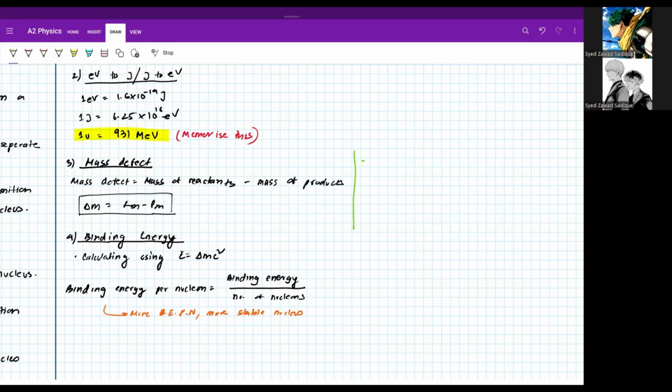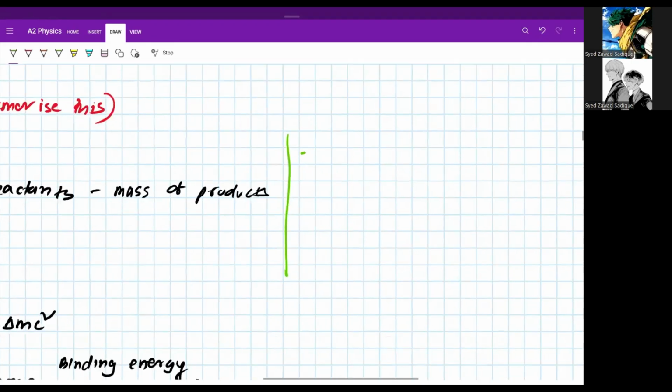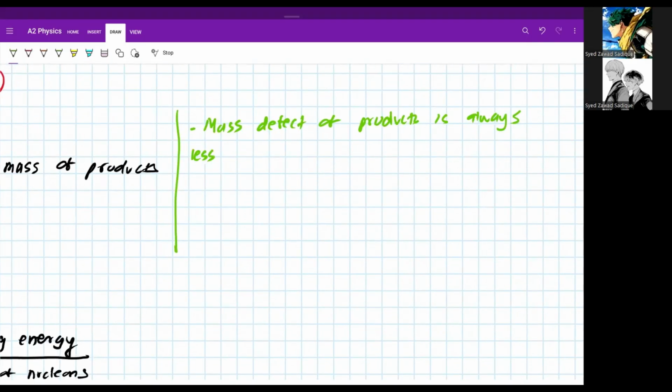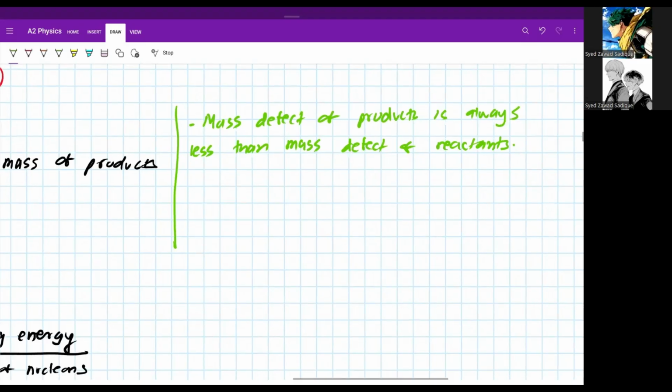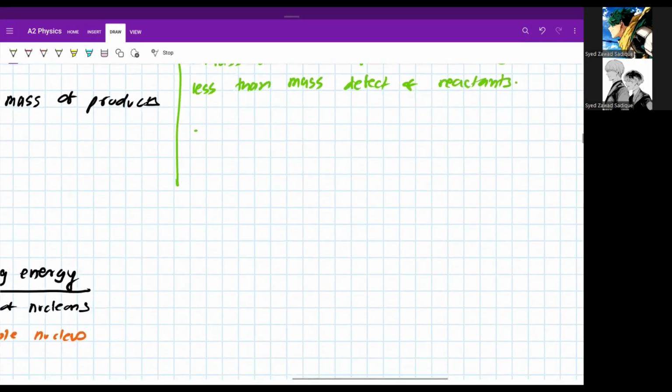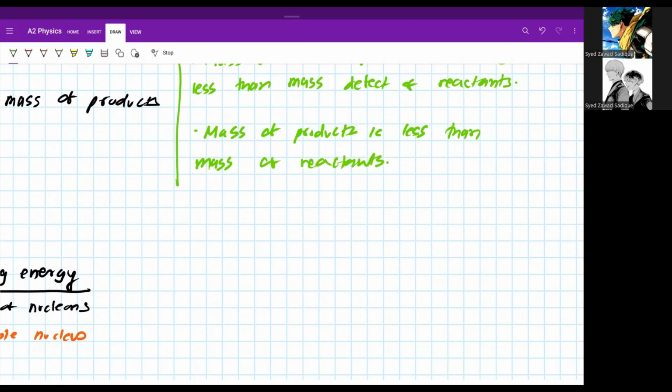That is, mass of products is always less than mass of reactants.